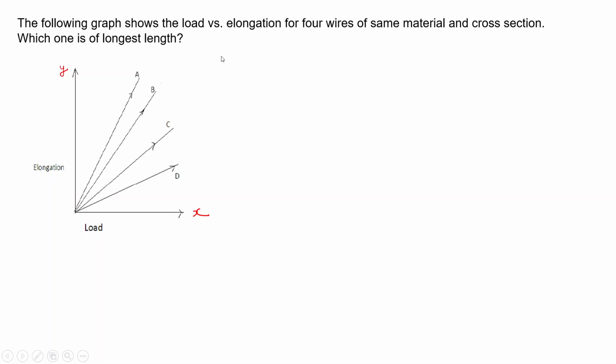We have taken 4 different wires, but they are made up of the same material and their cross-section area is also the same. We have been asked which wire has the longest length.